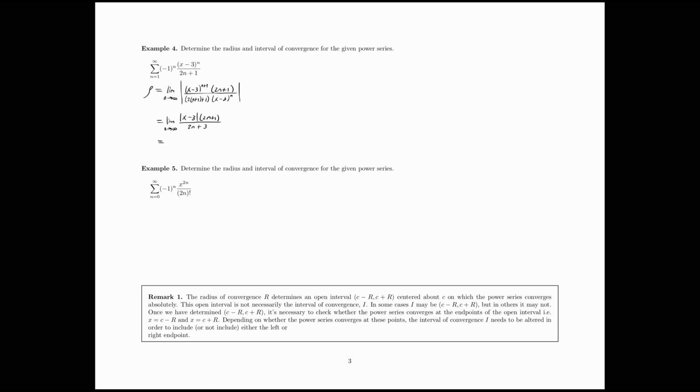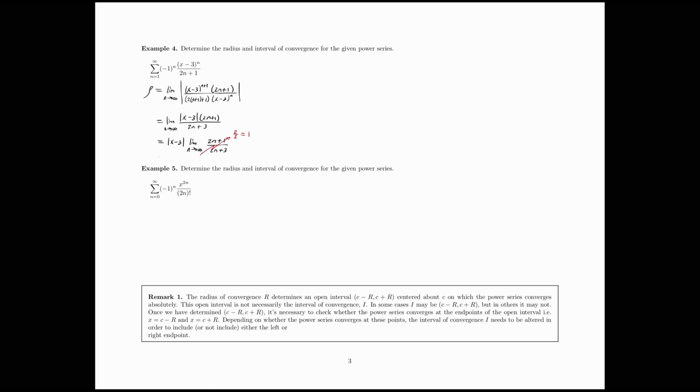We can also factor out the x minus 3 since the limit is only concerned with terms that contain an n. So the limit as n goes to infinity times that absolute x minus 3 of 2n plus 1 over 2n plus 3. This limit here is the ratio of the leading coefficients, 2 over 2, which is 1.